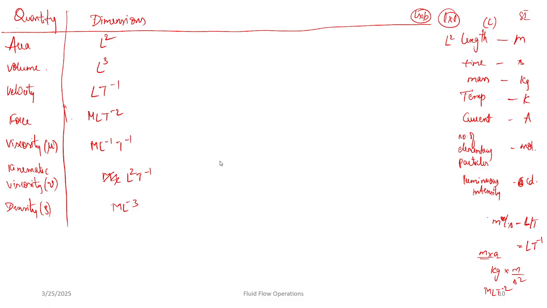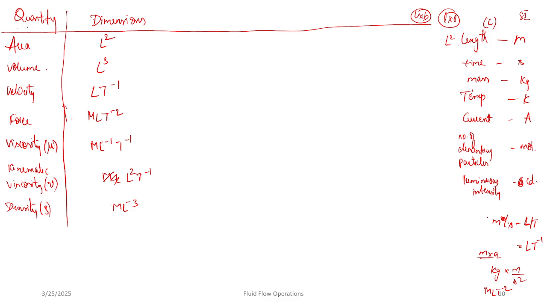Okay, so in order to carry out this dimensional analysis, we have two different methods. One is Rayleigh method, and the other one is Buckingham pi method.